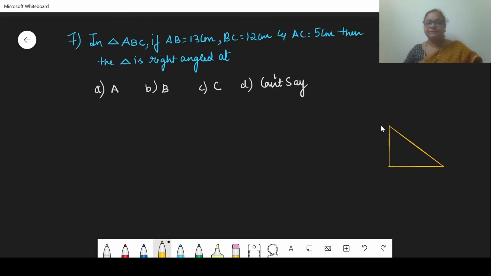So here, AB is 13 centimeters, BC is 12 centimeters and AC is 5 centimeters. The hypotenuse is AB, so it is right angled at C. Option C is the correct answer.